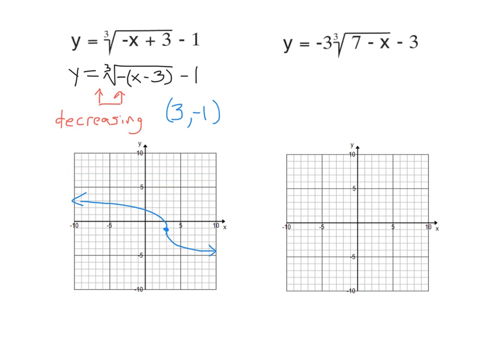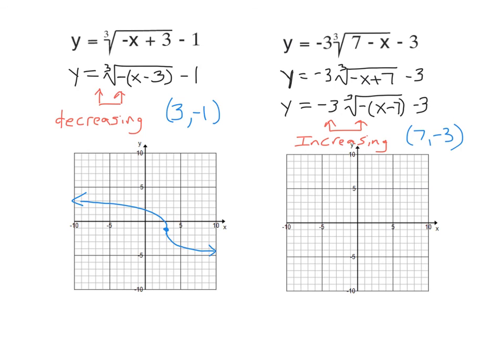All right, go ahead and try this last one on the right and then check back to see how you did on it. Okay, so you should have rewritten it first by moving the negative x and the positive 7 around, and then rewrite it again after factoring out this negative here. So this is the equation that we're going to work with.